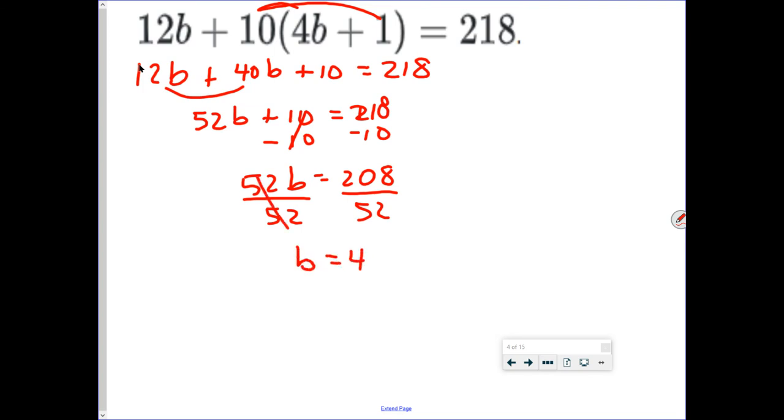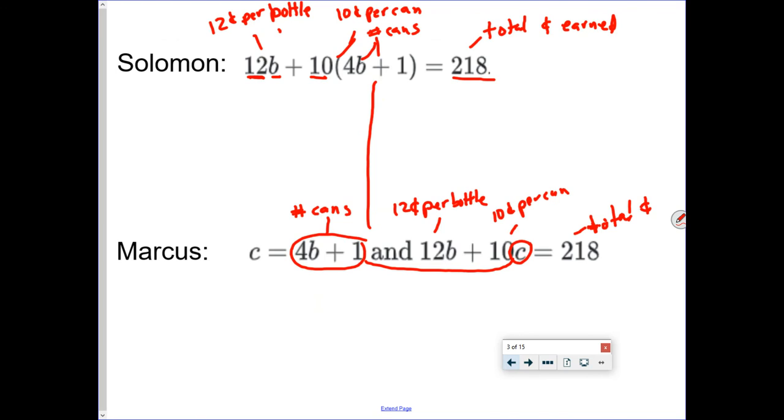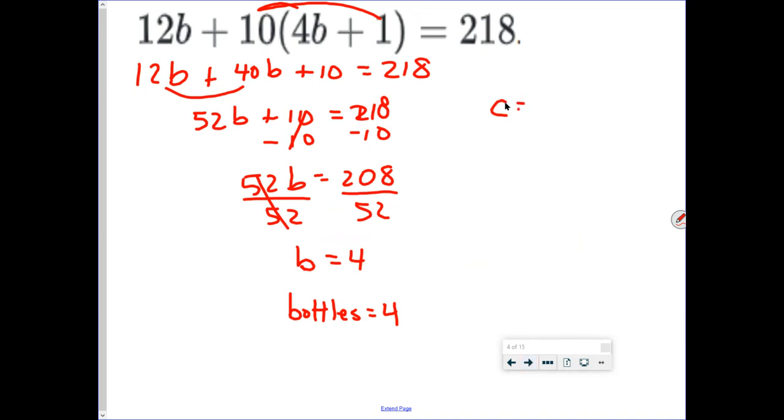So there are 4 bottles. Now, that's not the end of my problem, because I also need to know the number of cans. To figure that out, I'm going to use Marcus's equation down here, and cans was 4B plus 1.